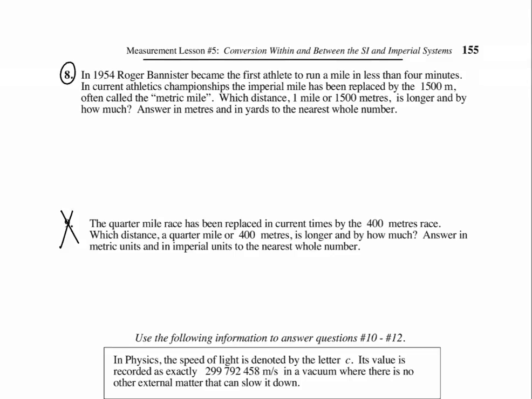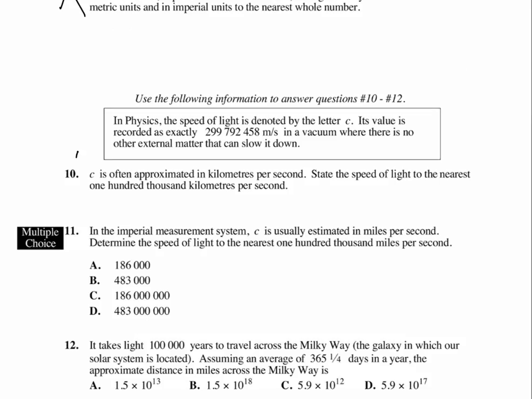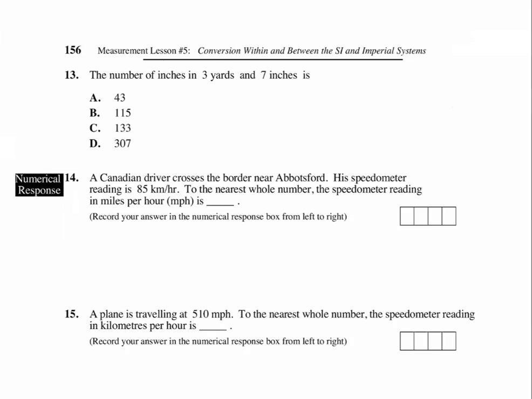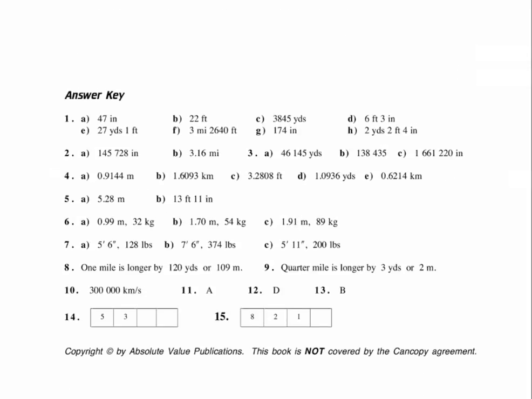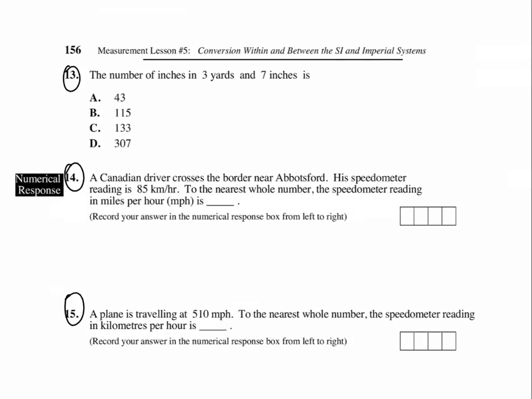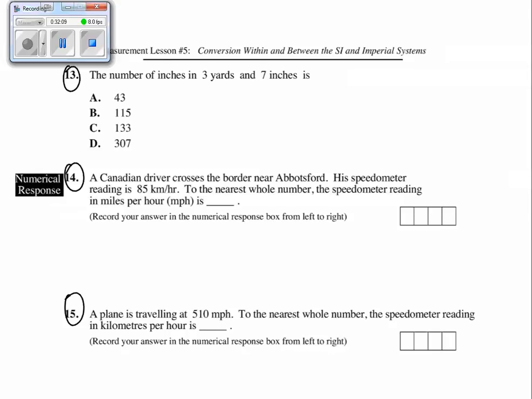You can omit 9, omit 10, omit 11, omit 12, and then 13, 14, and 15. Circle those ones. So it's mostly the entire assignment. But we have lots of time today. Yes, and I'm going to take homework questions for those.